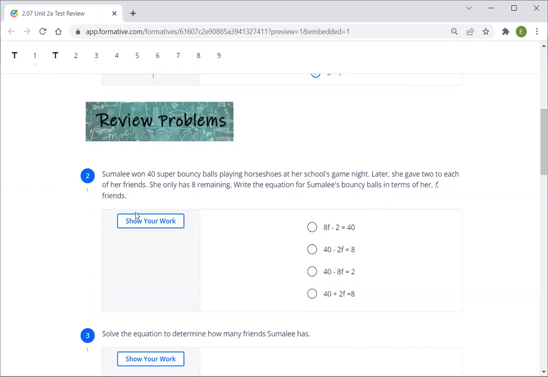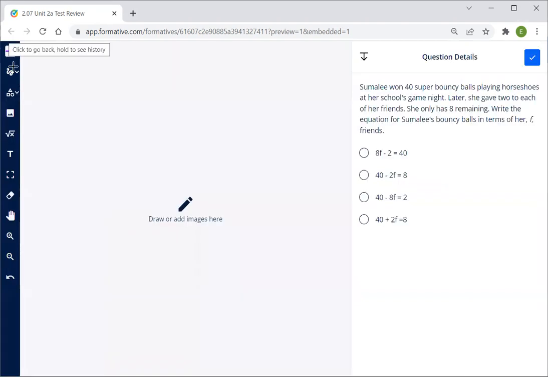Okay, so we need to figure out what, remember we have our equation y equals mx plus b. Okay, remember this is your slope, and words that mean slope are per, each, okay, all of those words that mean multiply because those are being multiplied together.